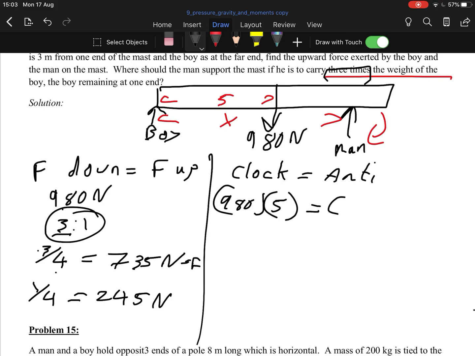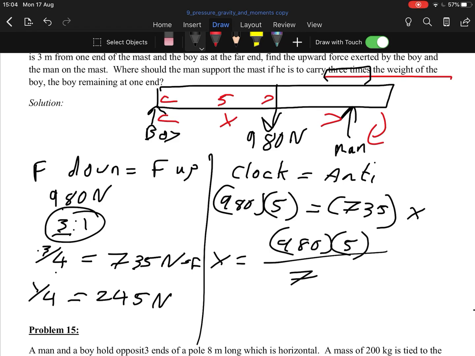The anticlockwise is the man, whose force we said is 735, and his distance from the boy is x. So x equals 980 times 5 divided by 735. So x should work out to be 1.6 recurring, so I just rounded it up, in meters.